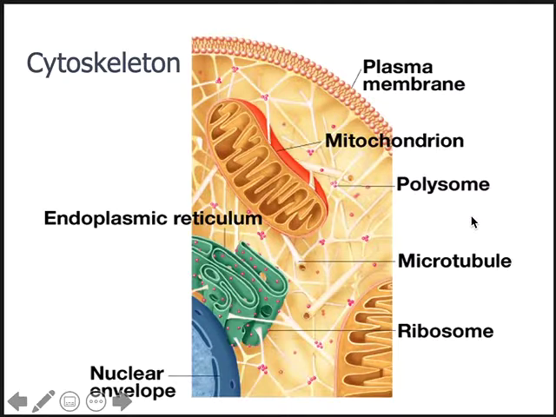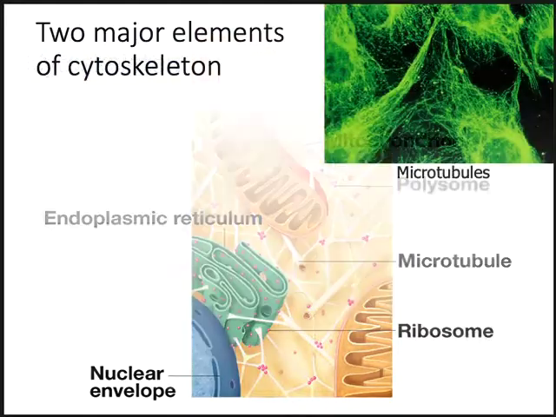So a polysome is a ribosome with the RNA, the mRNA, attached to it. Okay, so it's a complex of mRNA and 2 or more ribosomes that are actively translating the mRNA into polypeptides. Okay, everything else here you're probably familiar with.